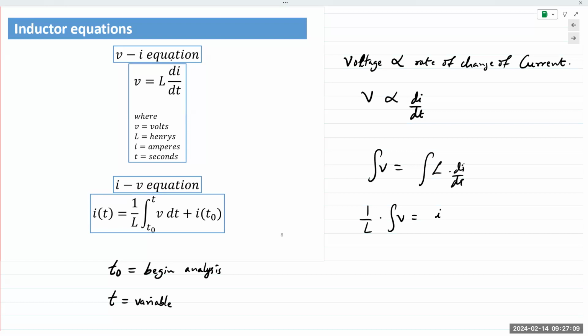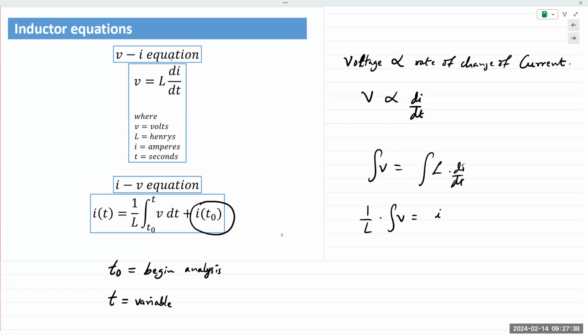Okay. What do you think I of t0 means? Remember, we are talking about voltage and current as a function of time, right? V of t, I of t. It's the initial current that is actually present in the inductor, right? And this is a very important concept because capacitors and inductors are energy storage devices.